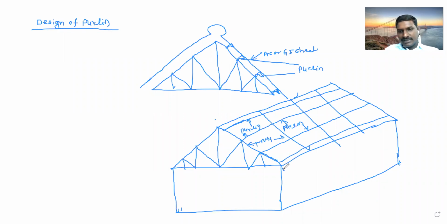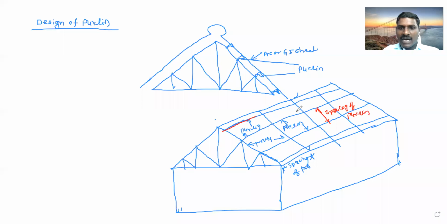So this will be the spacing of truss, and this will be the spacing of purlin. Whatever I have drawn and shown here, this red indicates the purlins.